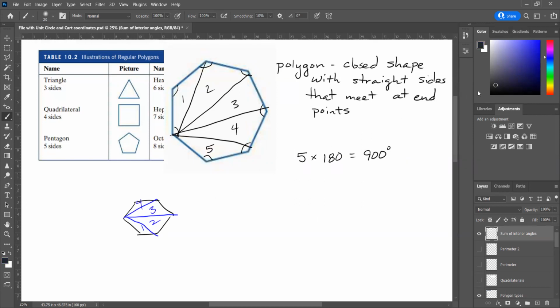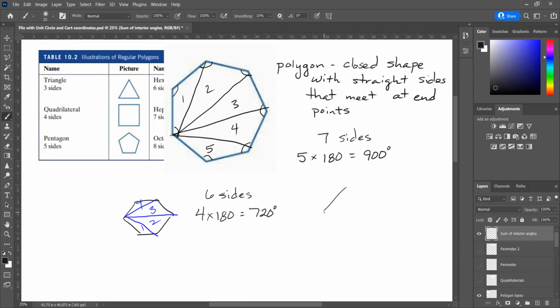And 4 times 180 equals 720 degrees. So a hexagon, 6 sides, has 720. A heptagon with 7 sides has 900.